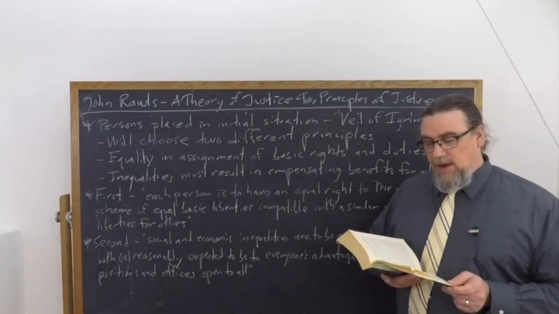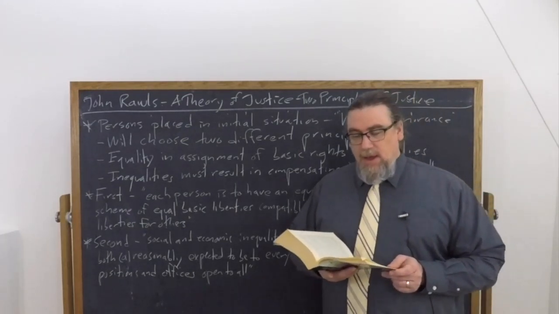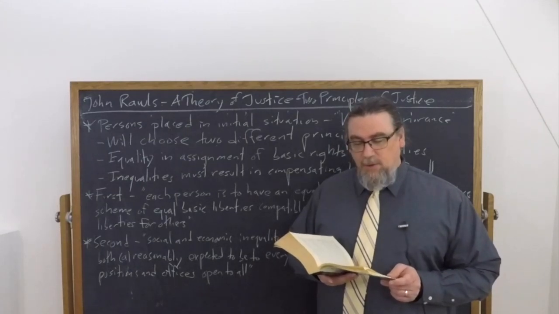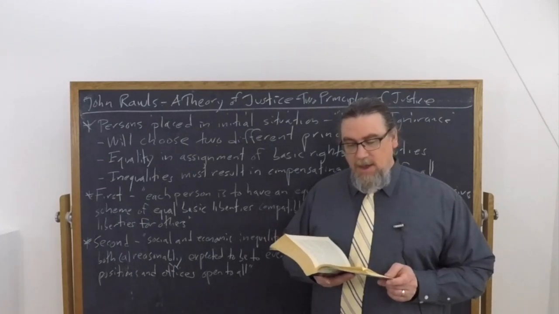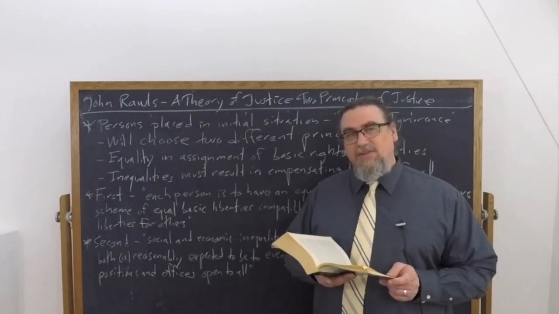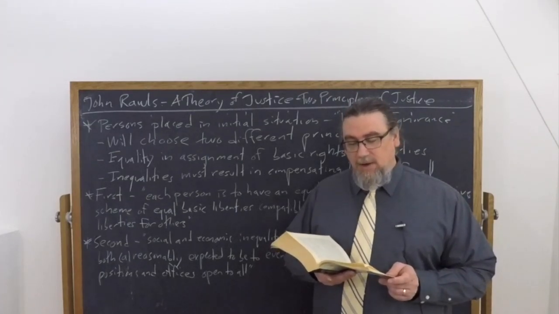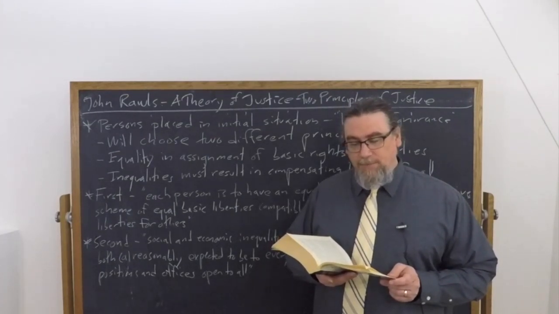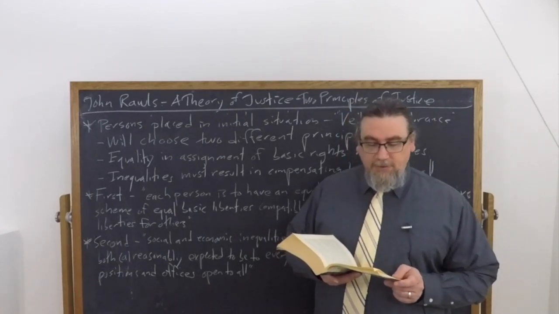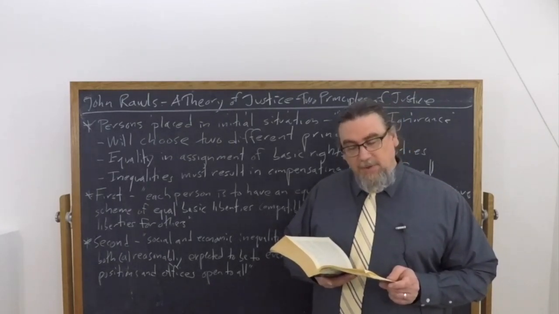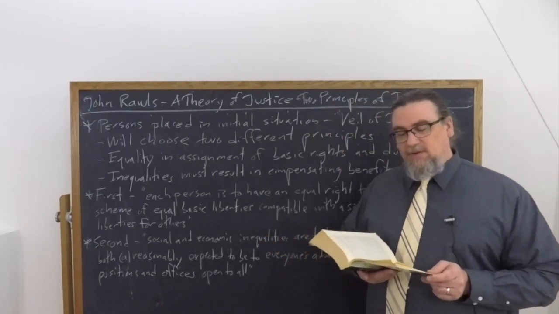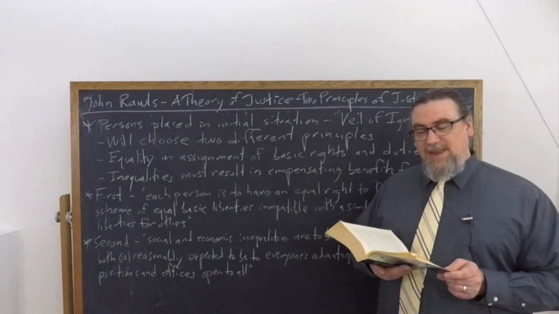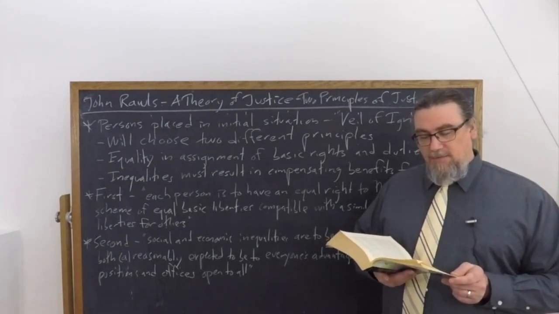So he says, for example, liberties not on the list, the right to own certain kinds of property, for example, means of production, and freedom of contract as understood by the doctrine of laissez-faire, these are not basic and are not protected by the priority of the first principle. So he also says, with regard to the second principle, the distribution of wealth and income and positions of authority and responsibility must be consistent with both the basic liberties and equality of opportunity.